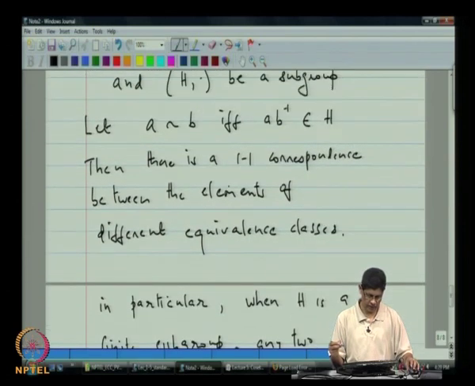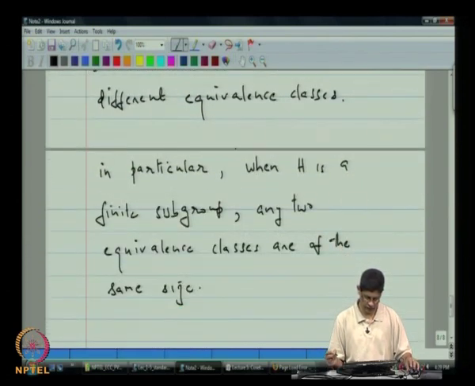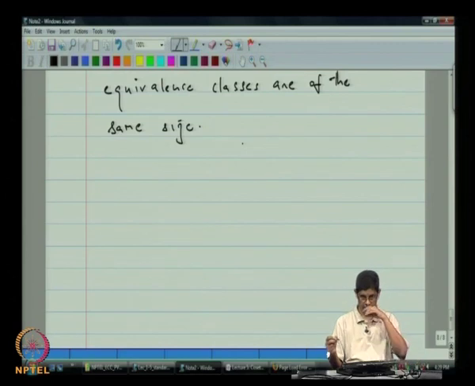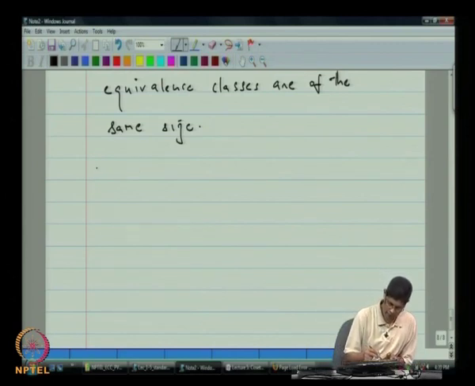So, the claim is that there is a one-to-one correspondence between the elements of the equivalence classes. Now, the proof.